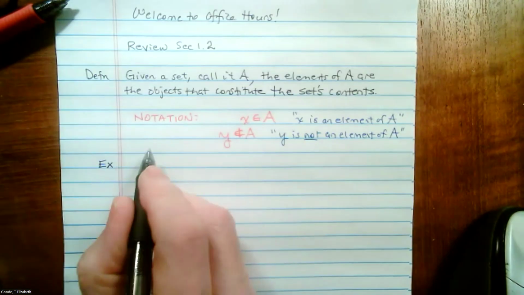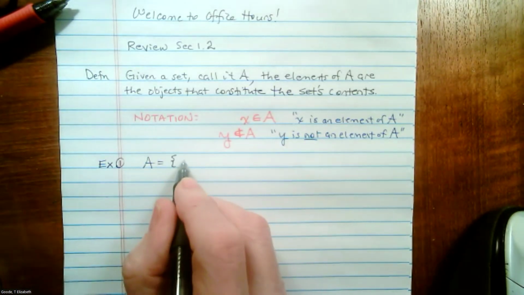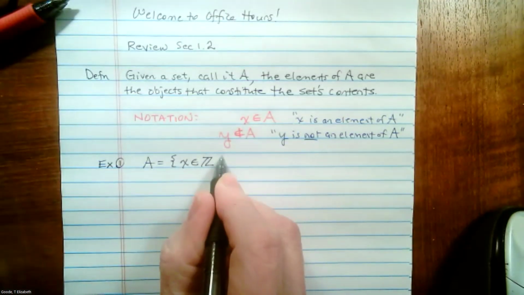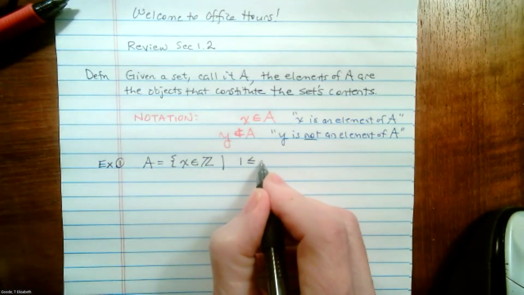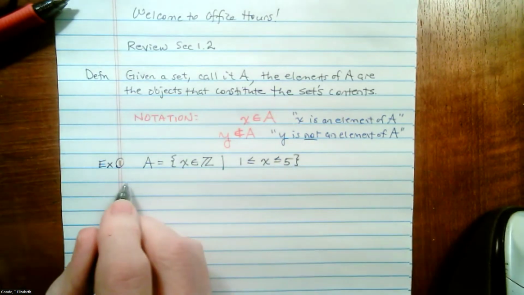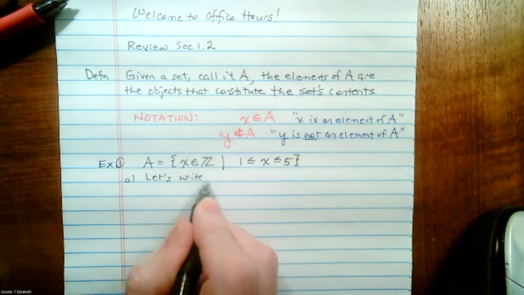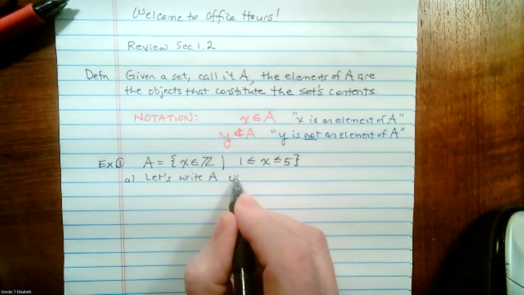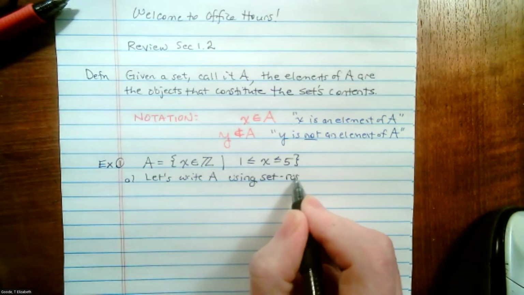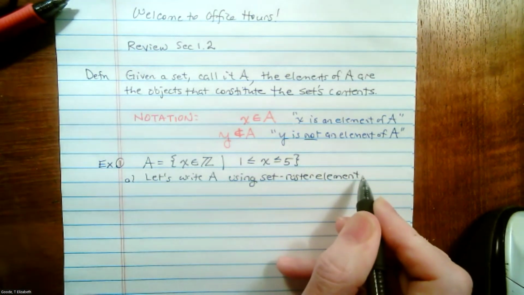Yes. So let's say A is listed like this: x in Z such that 1 is less than or equal to x is less than or equal to 5. Okay, so let's write A using what we call set roster notation, where we can just see the elements listed next to each other.